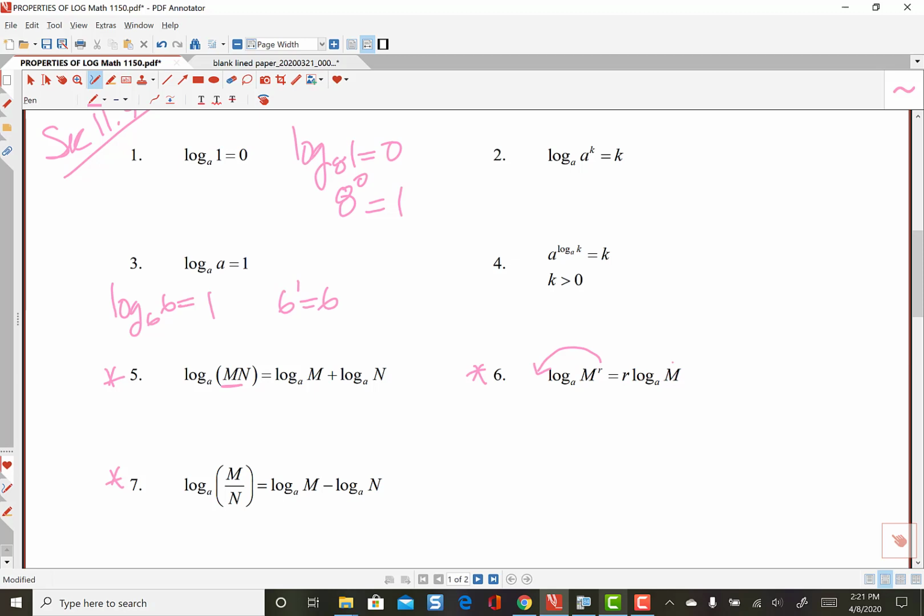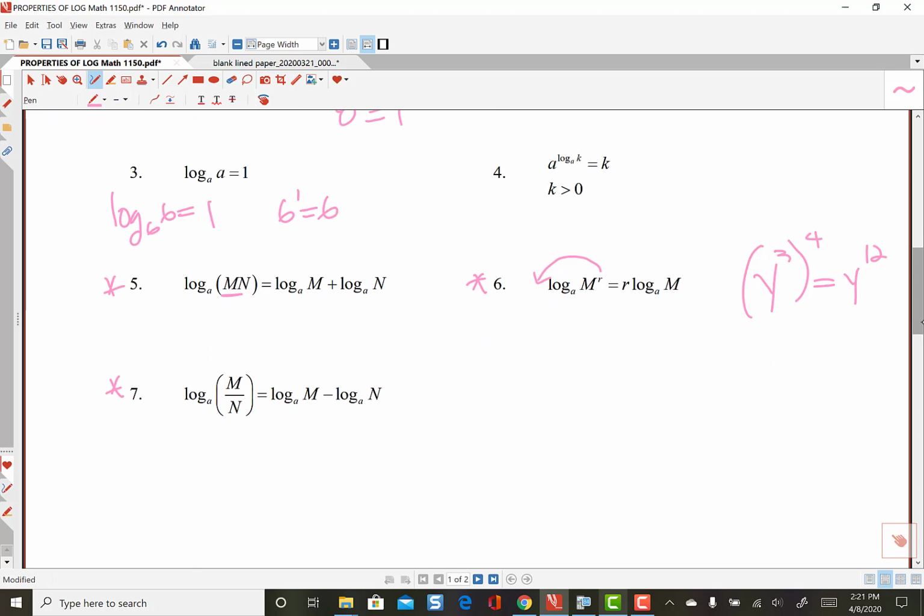Just like the rule if you have something with a power, this is analogous to this rule here where you'd end up, say, with y to the 12th. And lastly, if you are taking the logarithm of a quotient, it is going to be the difference in the logarithms. So the logarithm of the expression on top minus the one from the denominator. Now, the other thing about these rules is they work both directions, left to right, right to left.